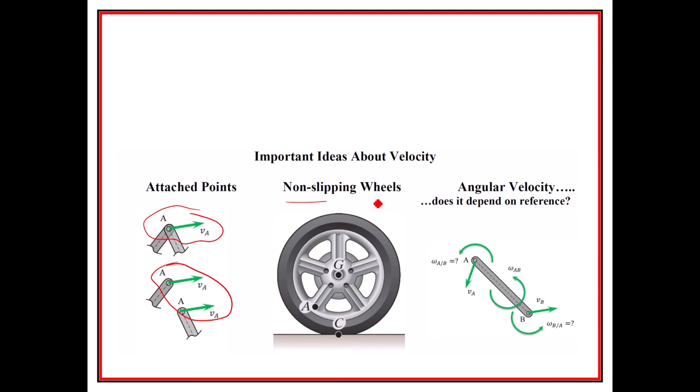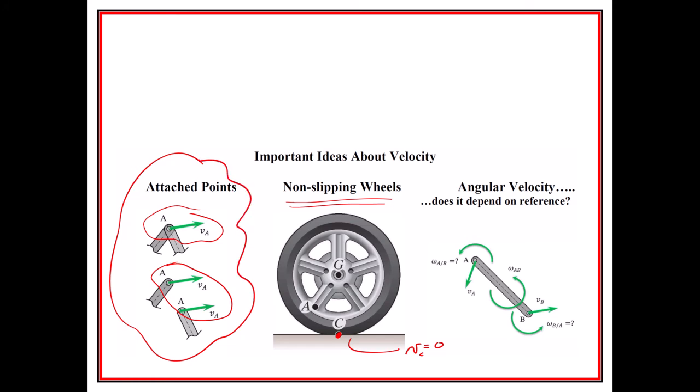Also, if the wheel is not slipping, the velocity at the point of contact, point C, is going to be equal to 0, because the velocity on the ground is 0 right there. Because of this idea of an attached point, if they're attached to each other, at least at that instant in motion, they can't have different velocities. They have to have the same velocity.